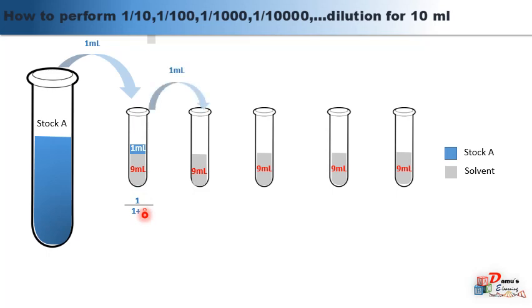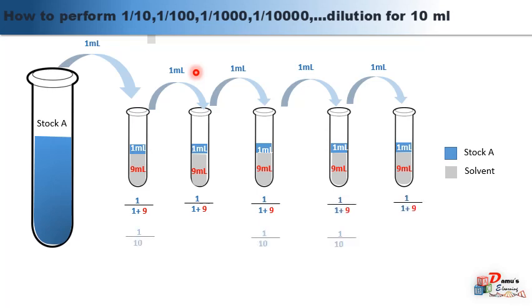The same thing is repeated in each and every tube. If you look at tube 1, we have a 1 is to 10 dilution. In tube 2, we again have a 1 is to 10 dilution. In tube 3, again 1 is to 10. So at each step we are diluting 10 times with respect to the earlier tube.